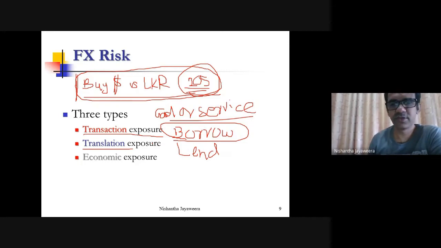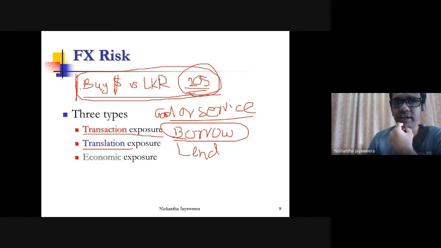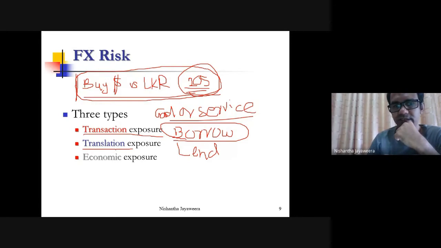Then you have a loss in your books when you translate that amount into rupees. So therefore, this is already in your books because you have already entered into the agreement. You have that asset. Then what you do, you translate that asset into rupees for reporting purposes. Then you realize or face the translation risk.